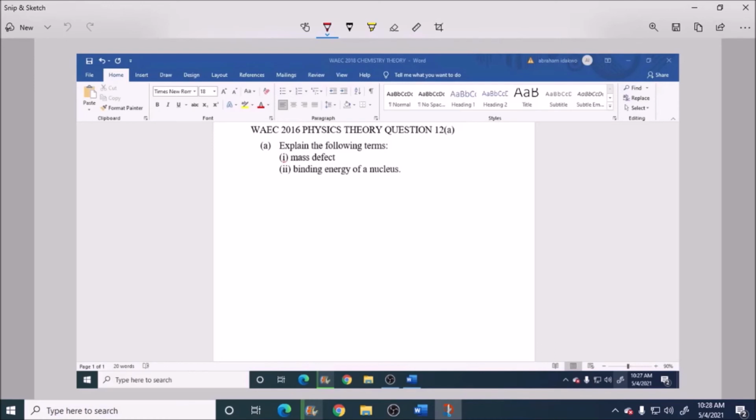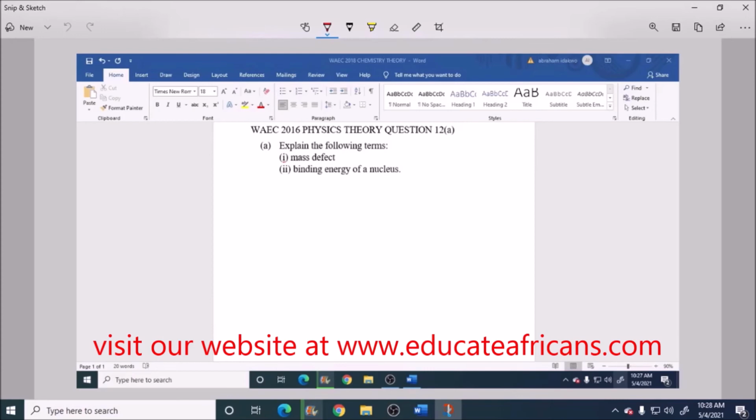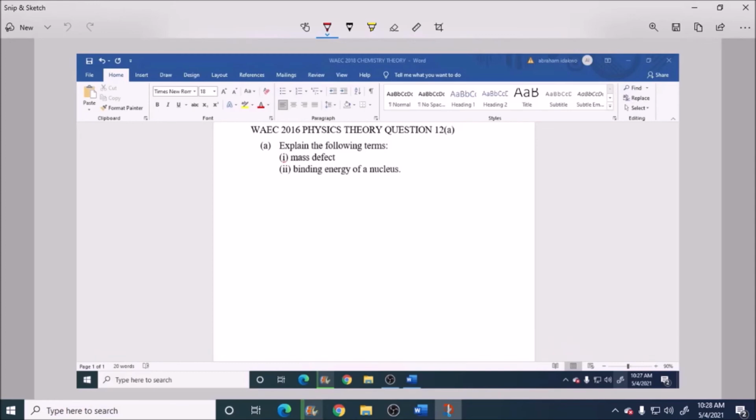It is expressed in atomic mass unit, AMU. It is also a measure of binding energy. So mass defect is actually equal to the total mass of nucleus minus the mass of nucleon.